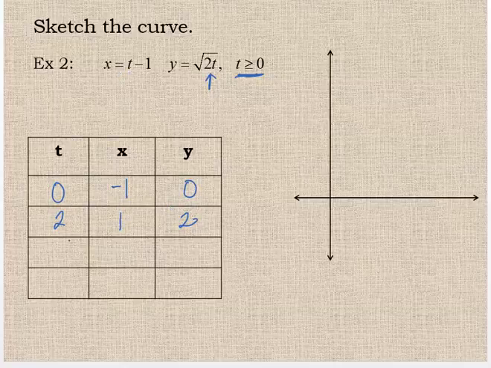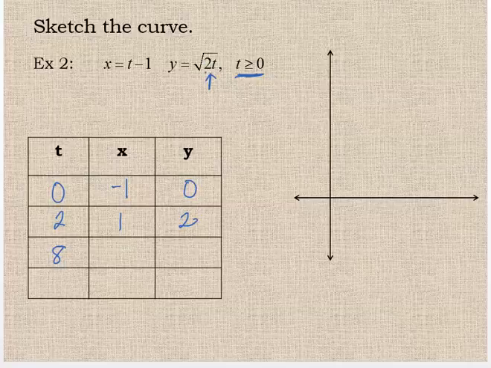All right, let's find our next t value. 2 worked. Would 3 work? 3 times 2 is 6. 6 is not a perfect square. 4 times 2 is 8, not a perfect square. 5 times 2 is 10, not a perfect square. 6 times 2 is 12, not a perfect square. 7 times 2 is 14, not a perfect square. 8 times 2 is 16. It is a perfect square, so I'm going to go to 8.